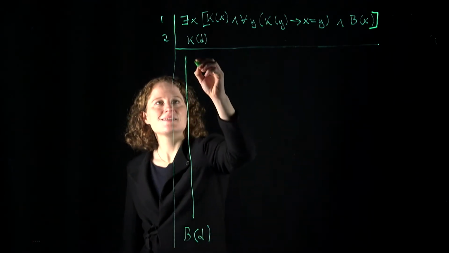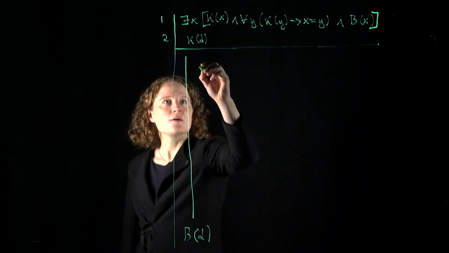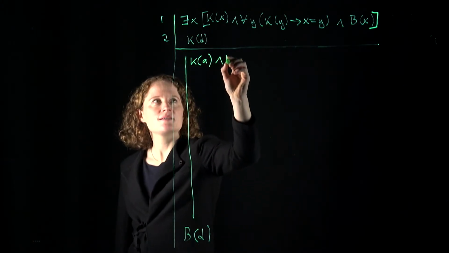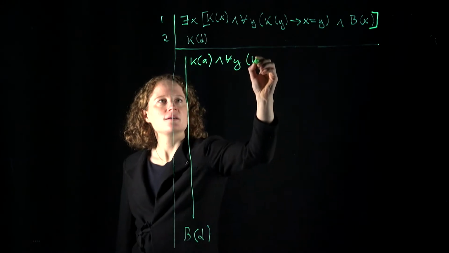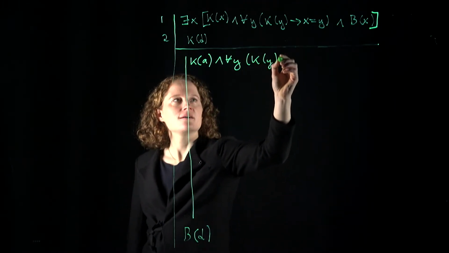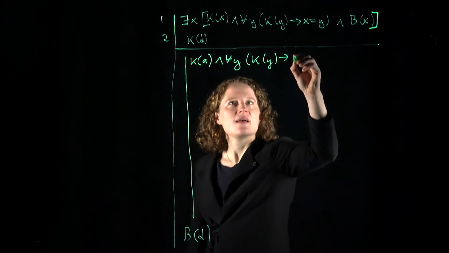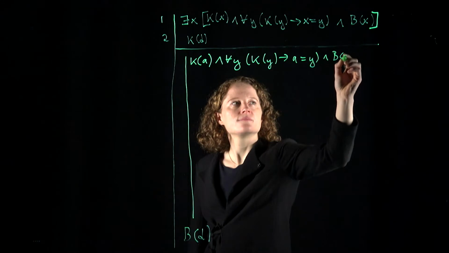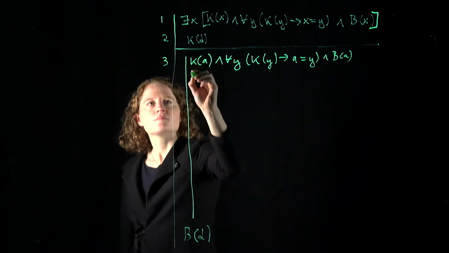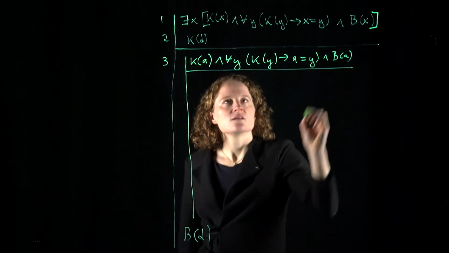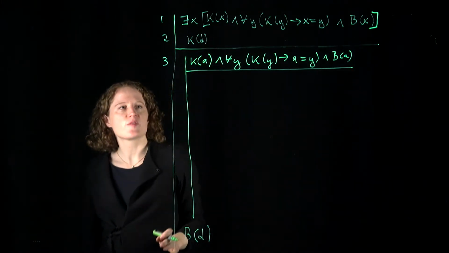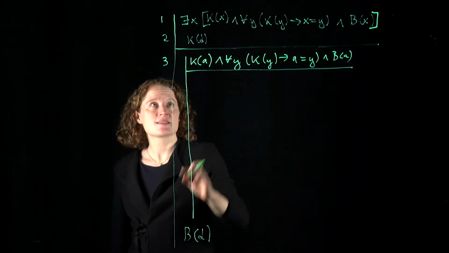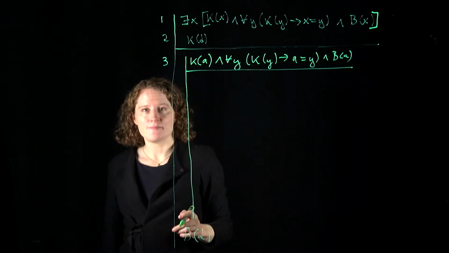I start my subproof with the assumption that Ka and for all y, if Ky, then a equals y, and Ba. So here I've simply taken the sentence from the first line and deleted the existential quantifier and then replaced the variable x by the name a.